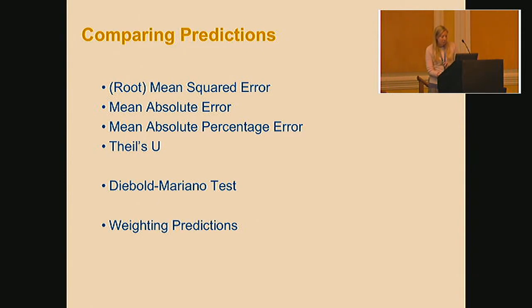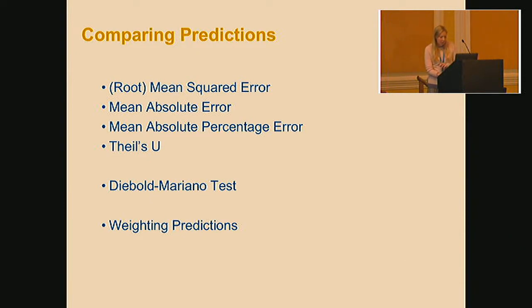Theil's U statistic gives a ratio of a model's mean squared error compared to a benchmark model. So you're comparing each of your models against this primitive benchmark, and it returns a value.